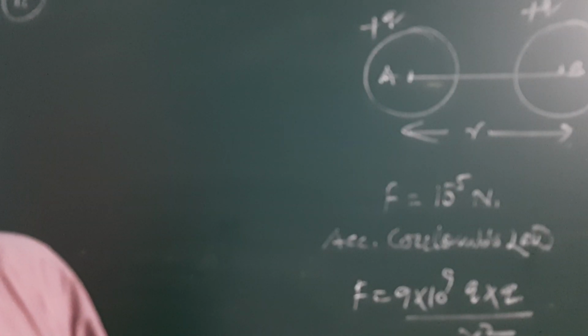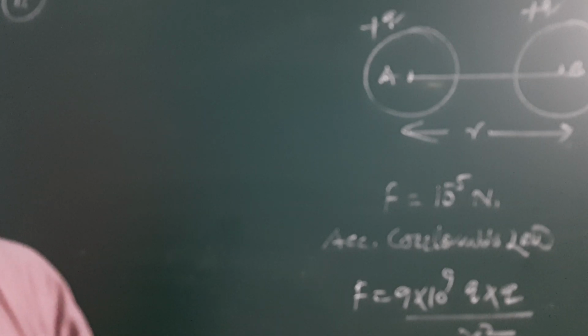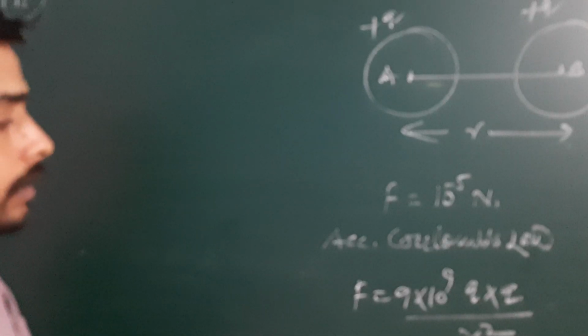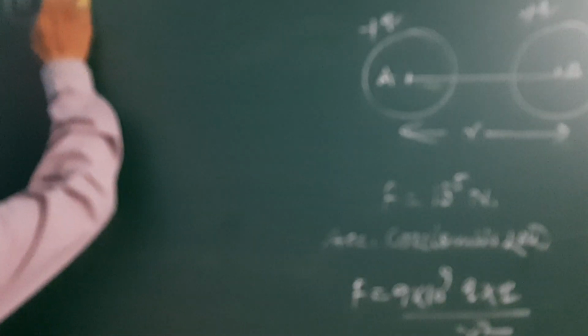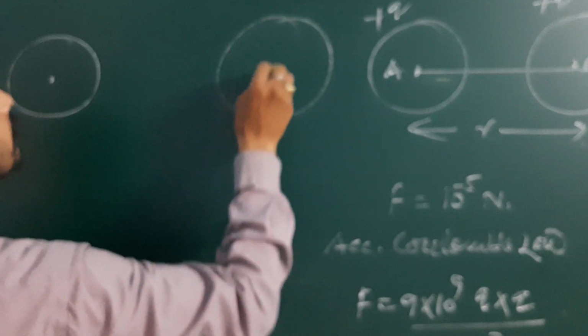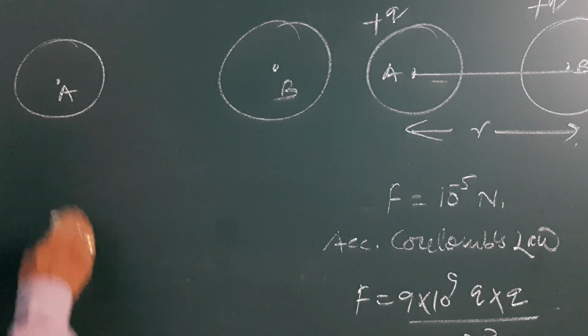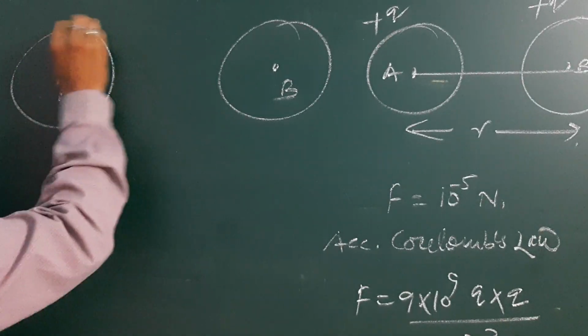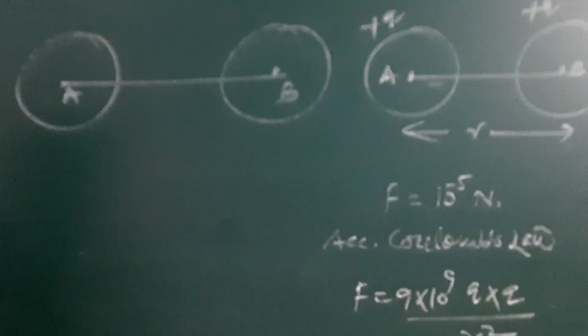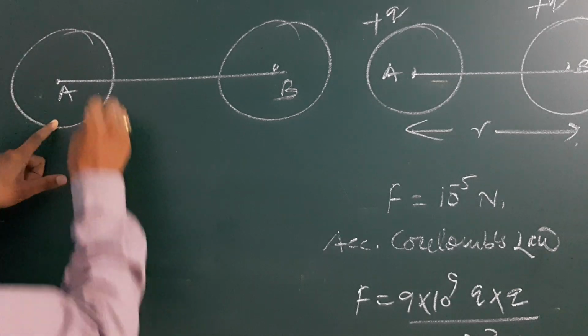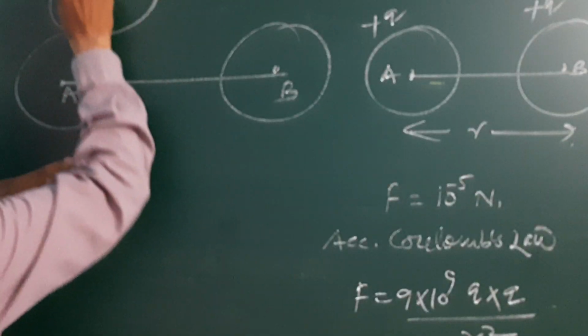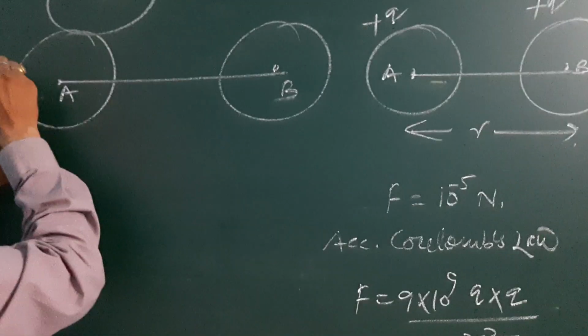Again, read the next part. A third conducting uncharged sphere C of the same size is first touched to A. Suppose this sphere is A and this one is B. Any third sphere C, which is totally uncharged, first touches A. Sphere A has a charge of plus Q coulomb, and initially C has no charge.